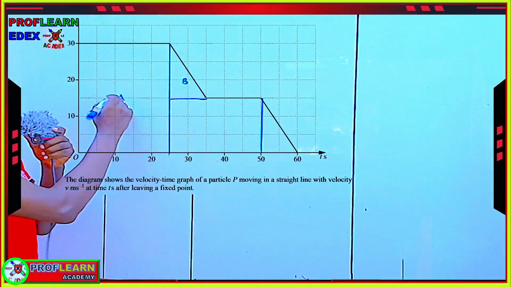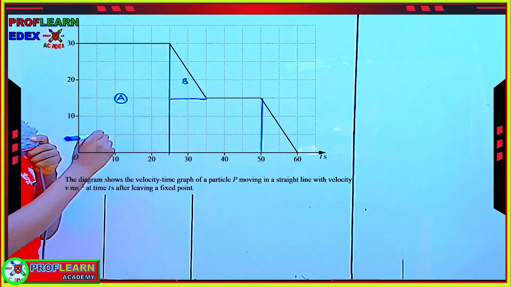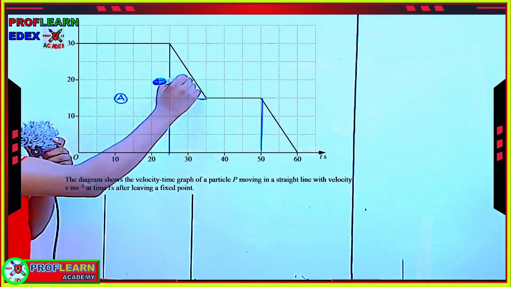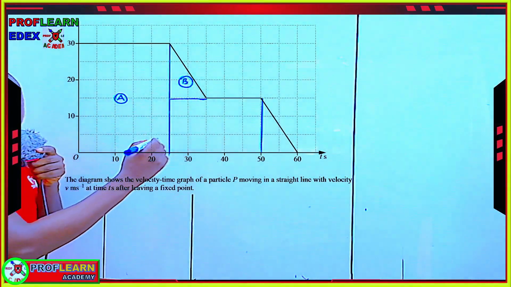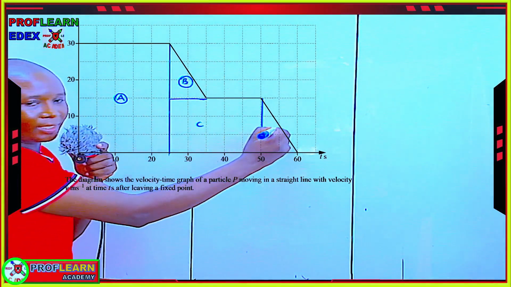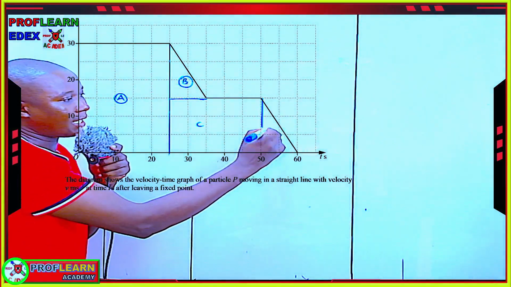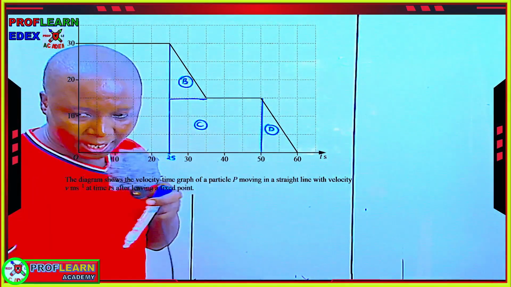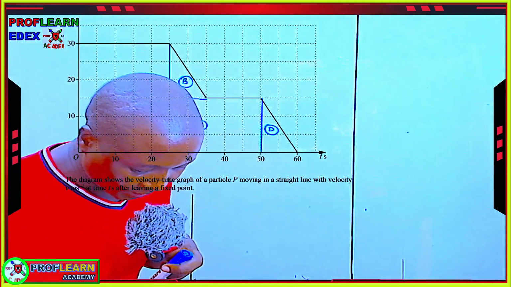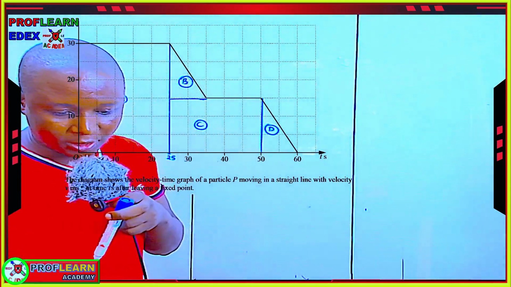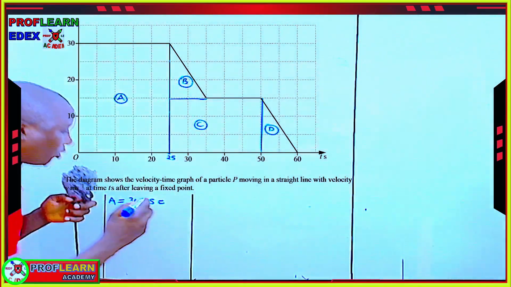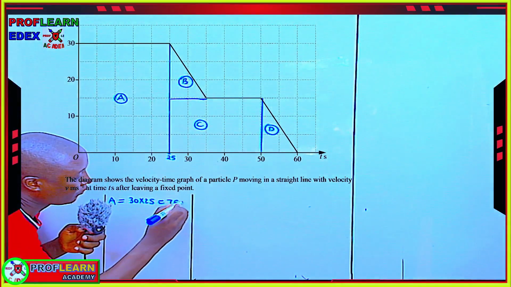Now I'm going to consider this as area A. I'm going to work out the area of this shape, and then I'm going to find area B, and then I'll also find area C. Then I'll finally add area D. If I plug in 30 times 25, it is going to give me 750. So I'm going to say this is 750.